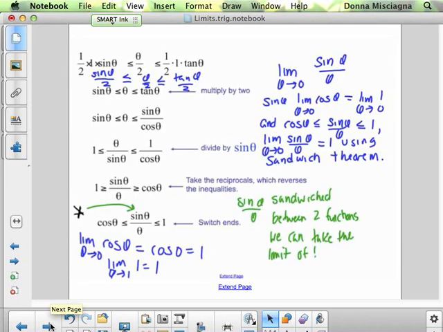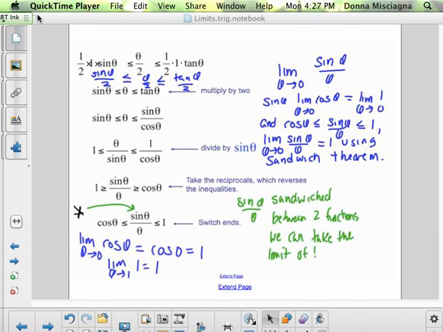All right, so we had the three functions: sine theta divided by 2, theta divided by 2, tangent theta divided by 2. They don't look much like our original question. What if we get rid of the divided by 2? Everything's divided by 2.